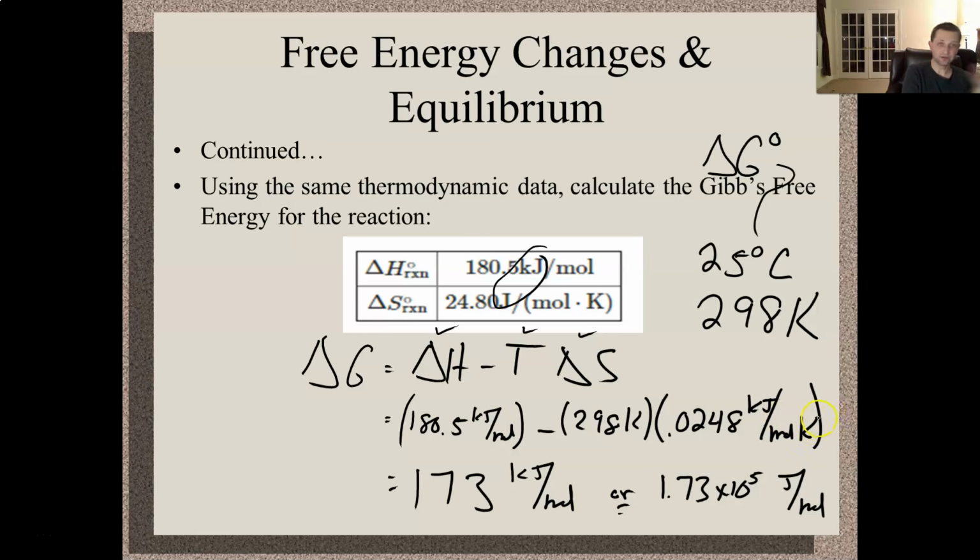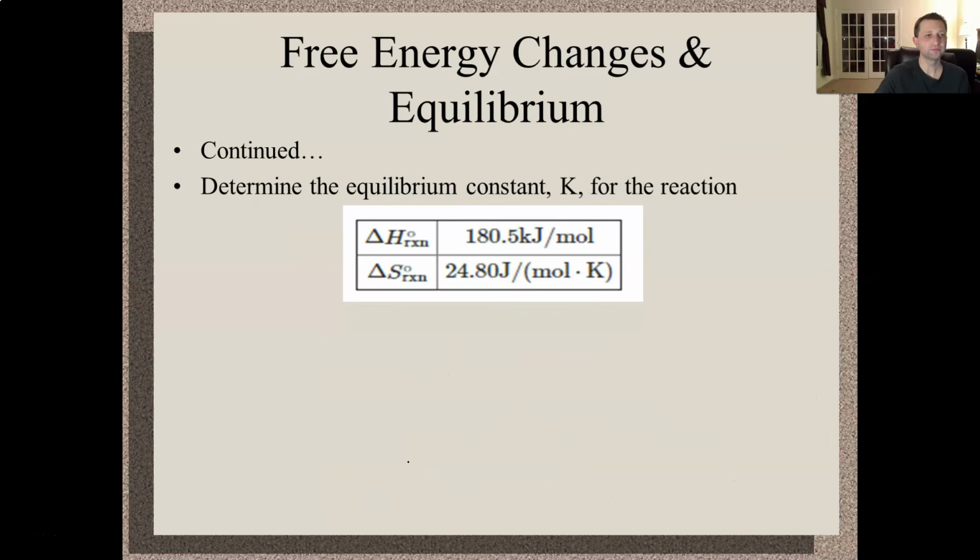If you include your units in your work, like I'm always harping on you to do, you have Kelvin here and here that cancel, and you have 180.5 kilojoules per mole minus some number in kilojoules per mole. Your unit is kilojoules per mole. All right. So please be really careful with the units and include them, because delta G is supposed to have a specific unit on it, kilojoules per mole or joules per mole.